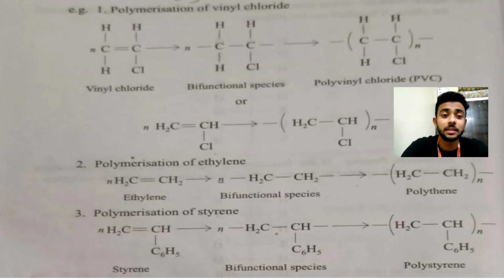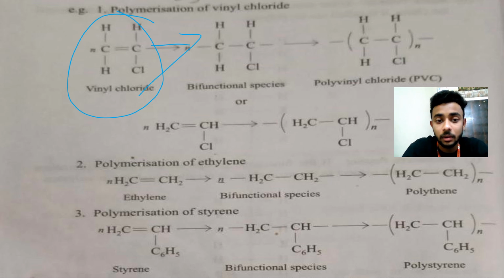Let us discuss the polymerization of vinyl chloride. This is the structure of vinyl chloride, and it goes through chain growth polymerization and forms polyvinyl chloride.